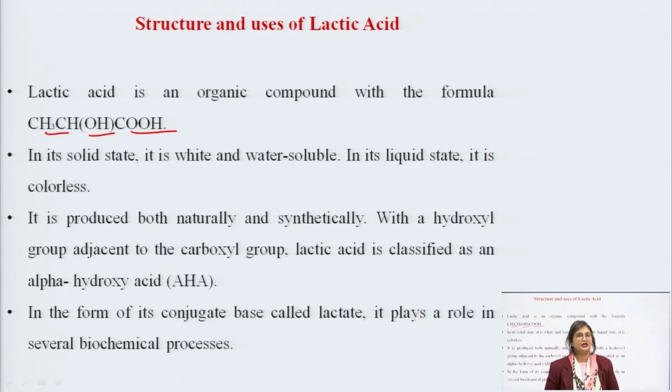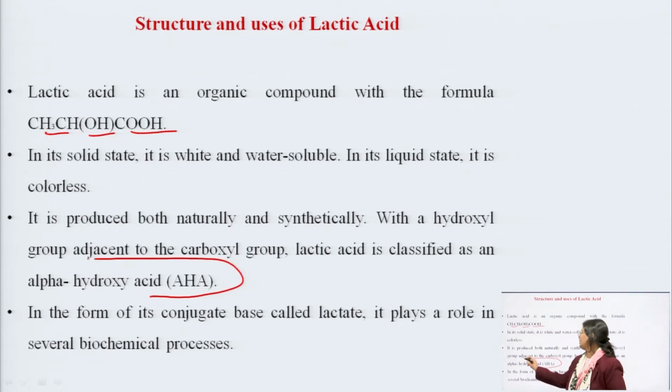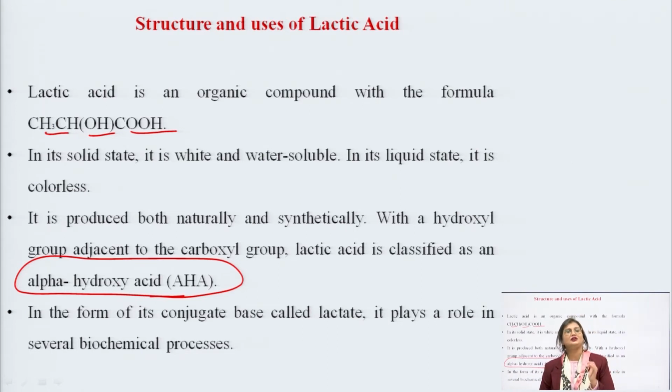With a hydroxyl group adjacent to the carboxyl group, lactic acid is classified as an alpha hydroxy acid. These belong to the category of alpha hydroxy acids because the hydroxyl group lies just adjacent to the carboxylic group. In the form of its conjugate base, it is called lactate.